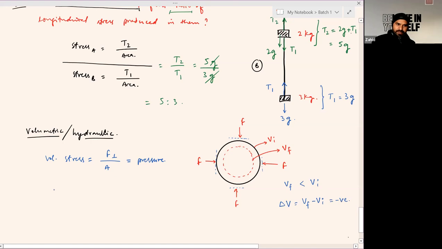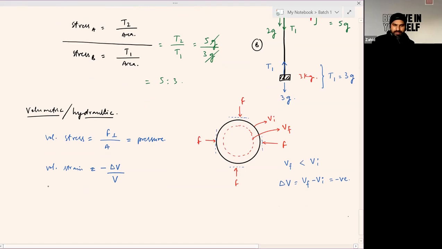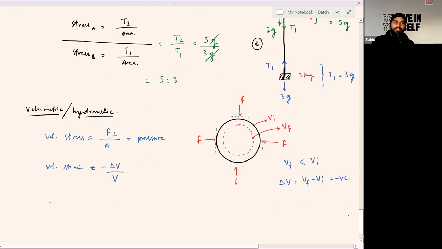So the next part will be volumetric strain. Change in volume divided by initial volume. Since this change is negative, there will be a negative sign. Now, if we divide these two terms to define the modulus of elasticity, in this volumetric part it is called bulk modulus.